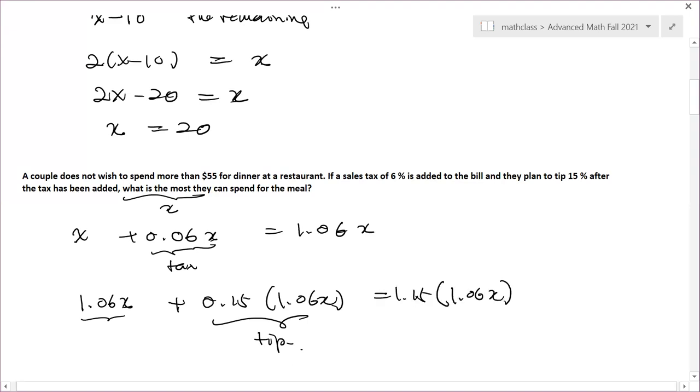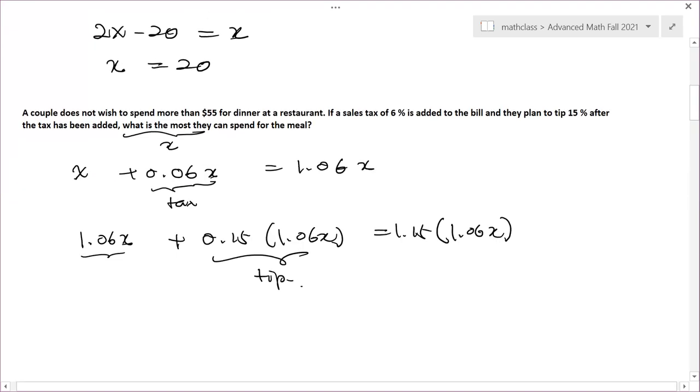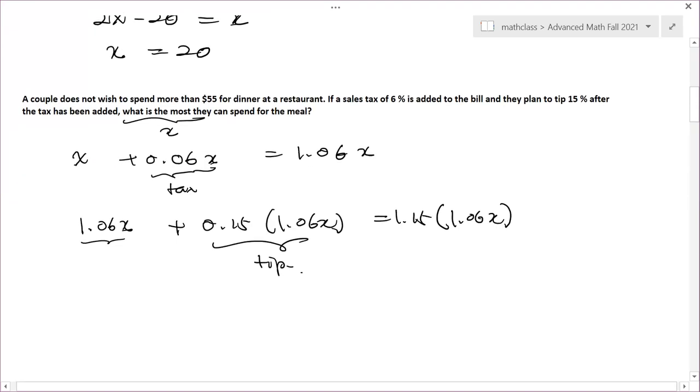Okay. So this is the amount of money eventually you have to pay, but you don't want to pay more than $55. So you can set this to be 55.